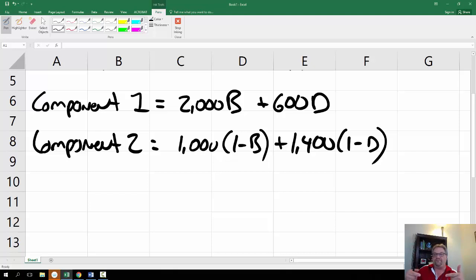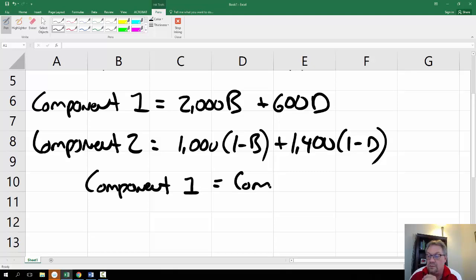So in other words, to get one ignition system, I need to produce component 1 and component 2. Well, that also tells us then that the production of component 1 must equal the production of component 2, right? Because you don't want more units of component 1, because then you're going to have excess units of component 1. There's going to be left over, right? Because for each ignition switch, I need 1 component 1 and 1 component 2.